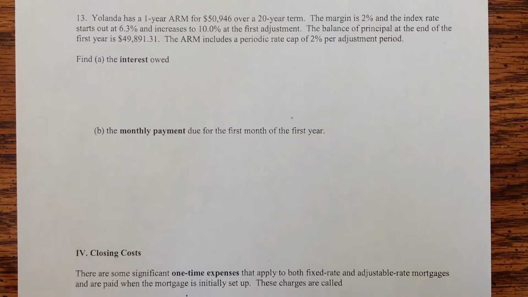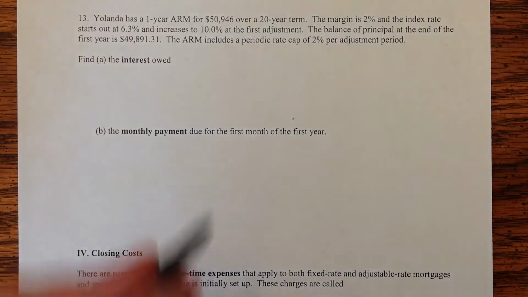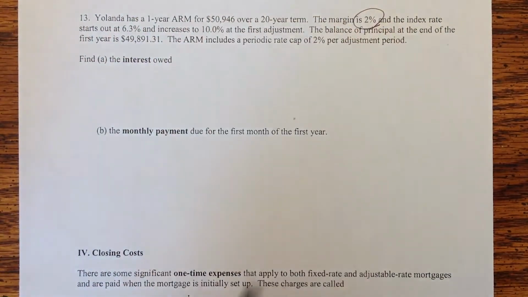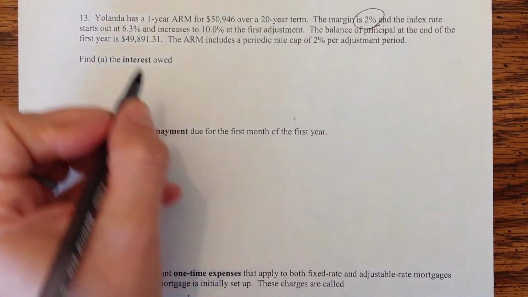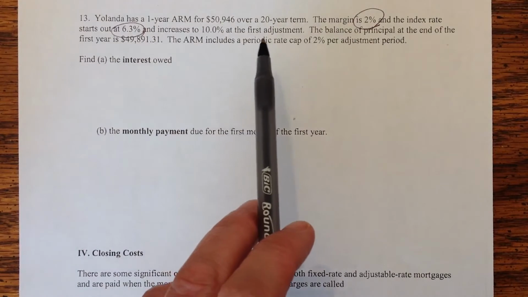So now it says Yolanda has a 1-year adjustable rate mortgage for $50,946 over a 20-year term. The margin is 2%, and the index rate starts out at 6.3% and increases to 10% at the first adjustment.